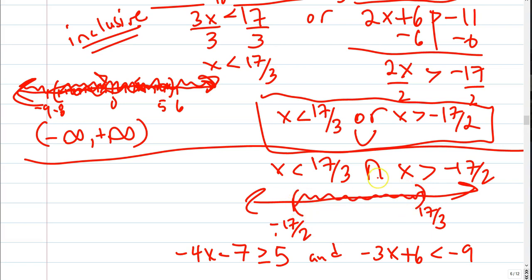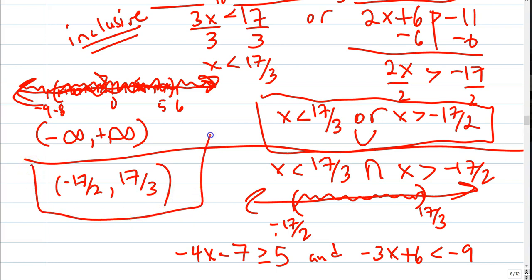Because an AND is more restrictive. Okay, so we would end up with only the middle of those two. How would we do that interval? I would just write it as a single interval. I don't have two intervals there. So I would write the interval as a minimum of negative 17 halves and a maximum of 17 thirds. Okay, and that is more restrictive.